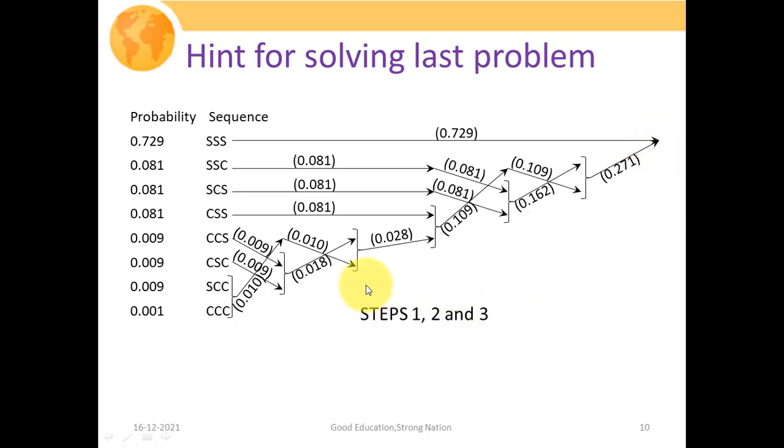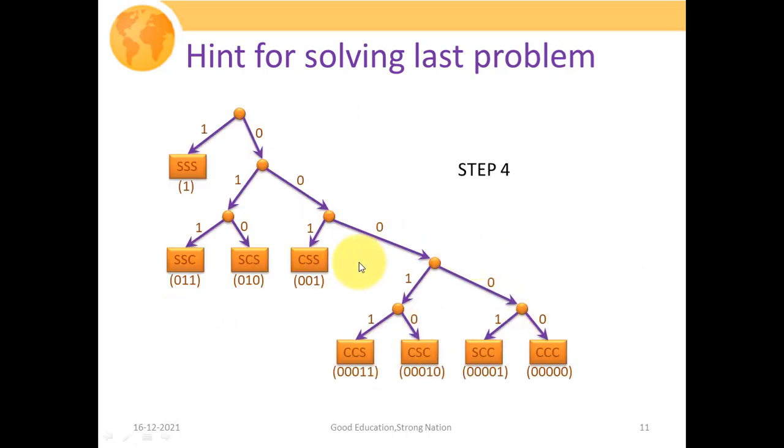In this particular thing, we have obtained all 3 steps. Now the last step is evaluating the code words associated with the distinct symbols. This figure shows our step 4, how with the help of this coding tree we obtain the individual codes. Initially for this SSS, for the higher value of probability we give the symbol 1, and for the lower value of probability we assign the symbol 0.